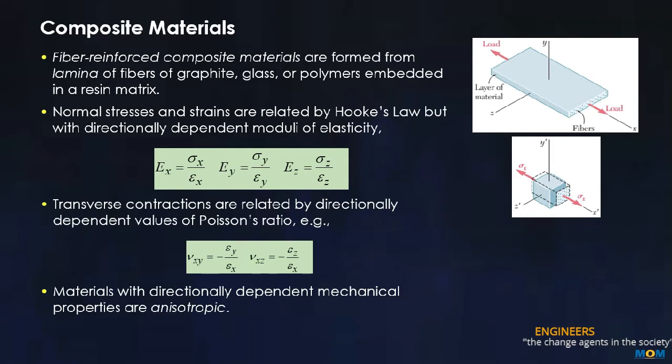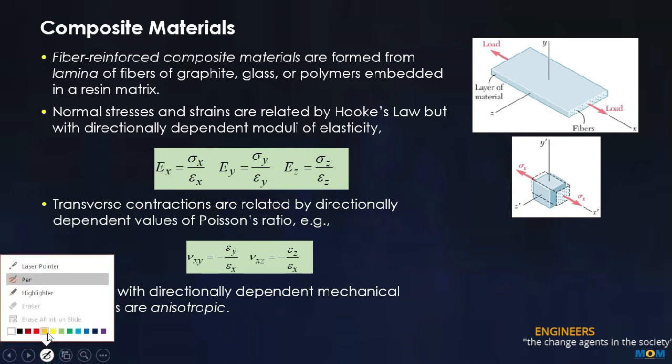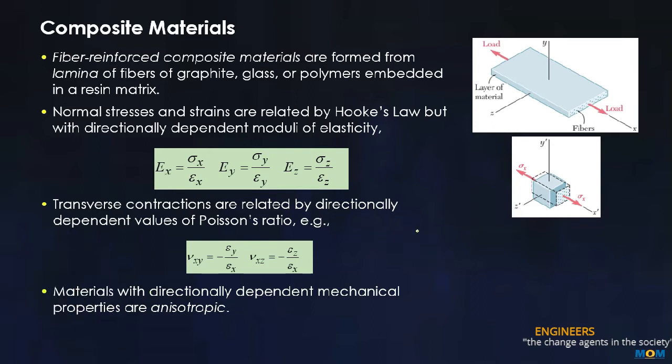Now the composite materials. The composite materials are the materials which are made up of two or more materials. Now these materials are known as the constituent materials.